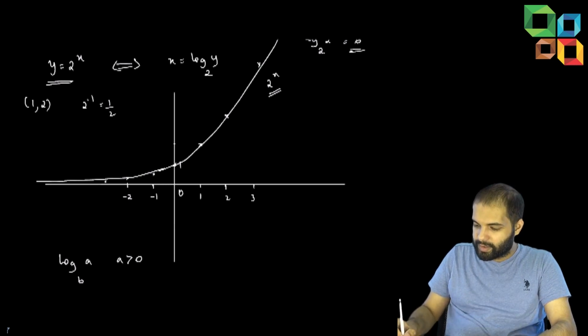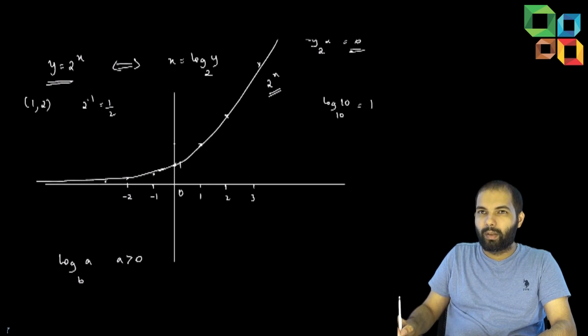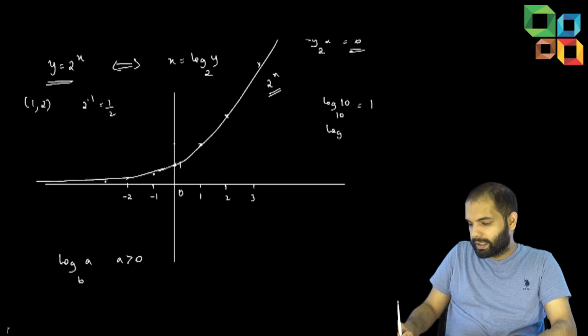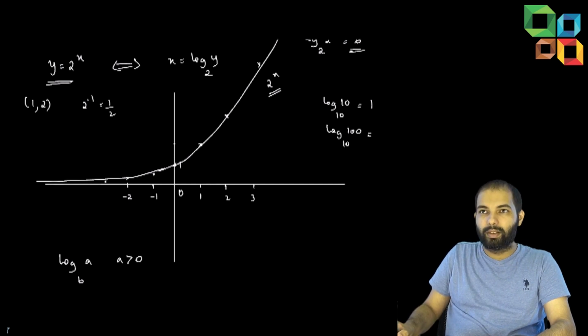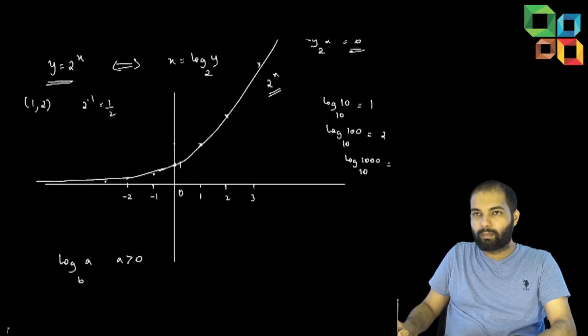Look at this example. Log of 10 base 10 was 1, correct? What about log 100 base 10? It's 2. Log 1000 base 10 is 3, right? Now, can you see this?